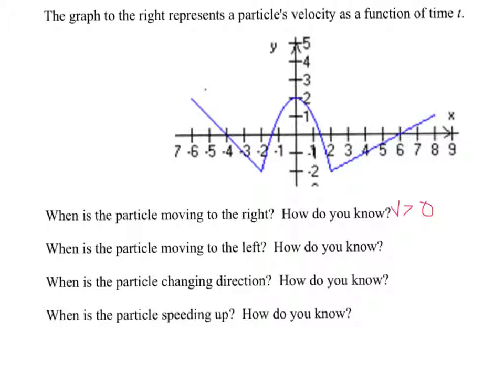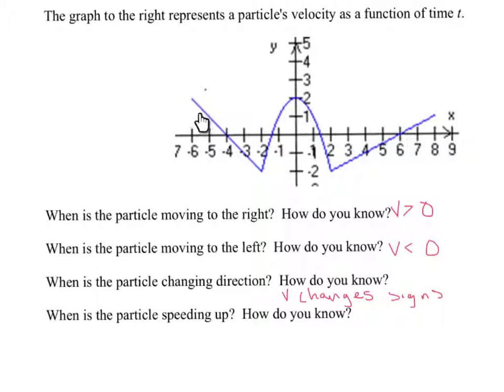When is it moving to the left? That's when the velocity is less than 0. Negative velocity means we're moving left. So when do we change directions? That's when velocity changes signs. Let me track this through.